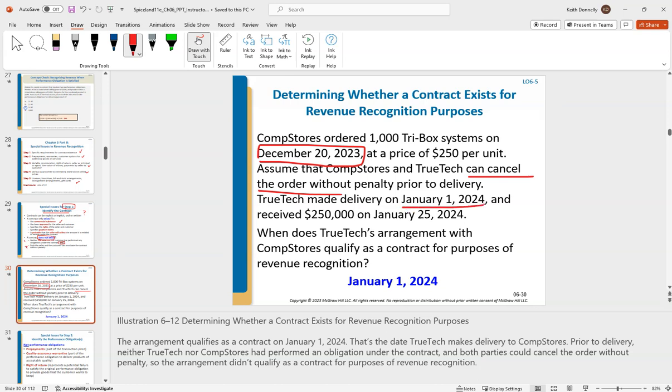On January 1st, there was delivery, and then on January 25th, they received payment of $250,000. When does this qualify as a contract? It's not going to be up here because there's been no performance yet, and either party can do whatever they want. Instead, it's going to be whenever delivery was made on January 1st.